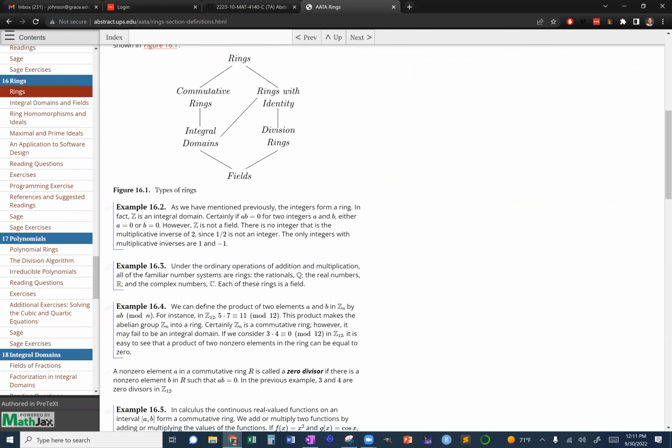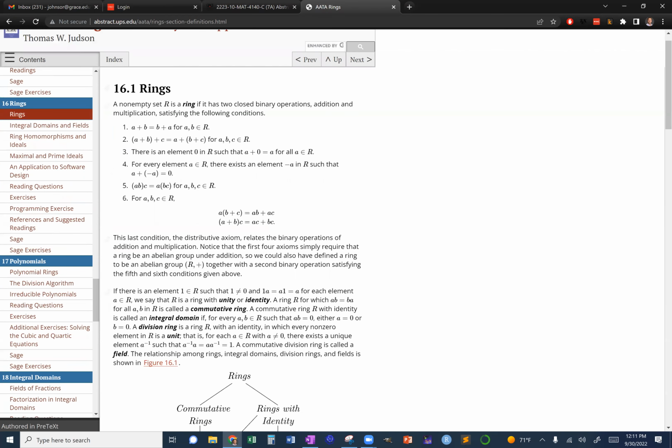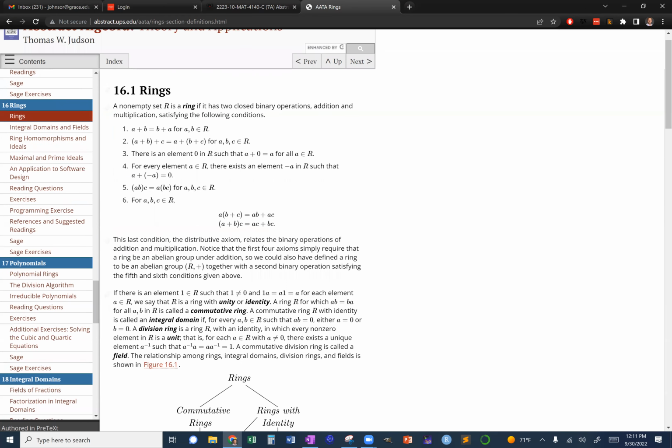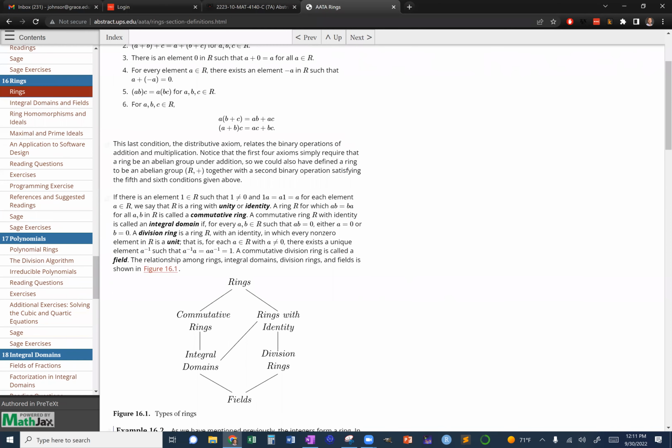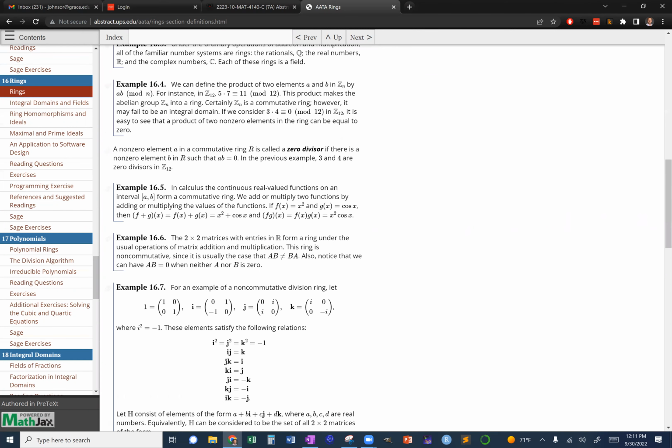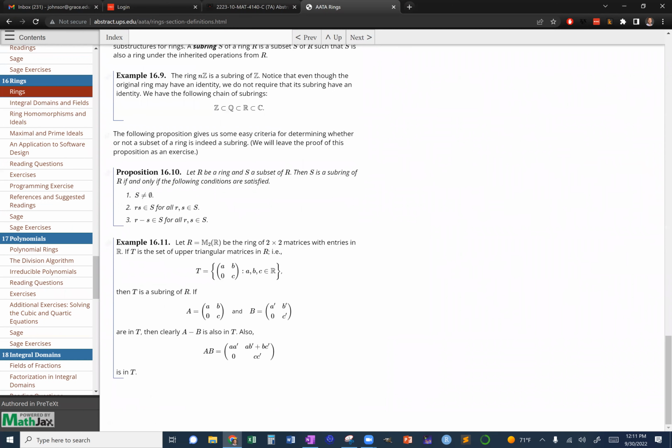Now, if there's an element one, such that one, yeah, there's lots of definitions up there that we'll get to later. Okay, so do you remember how we had that proof that made it simpler to prove when there's a subgroup?